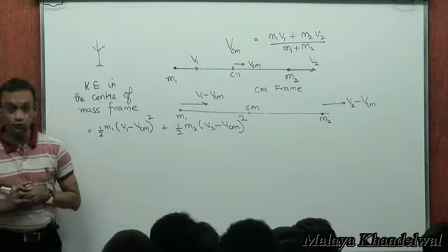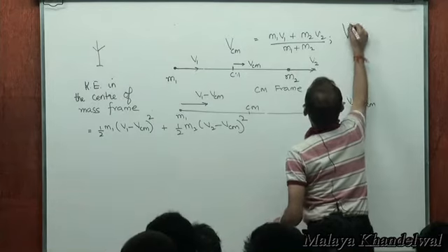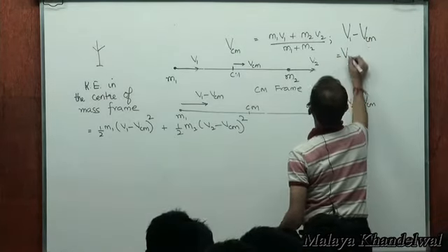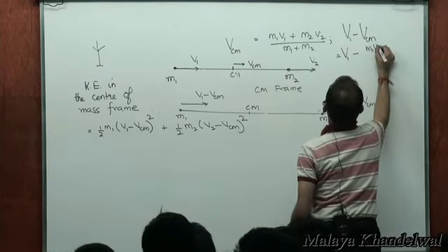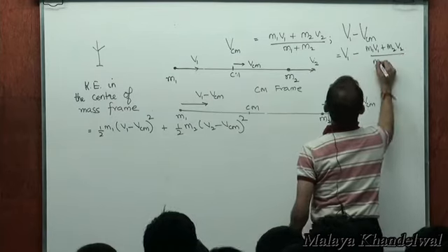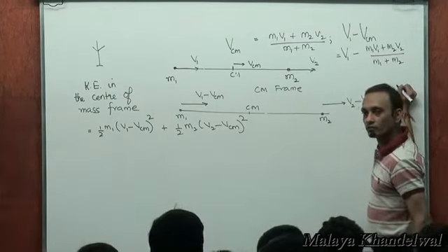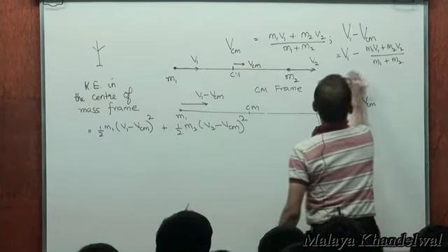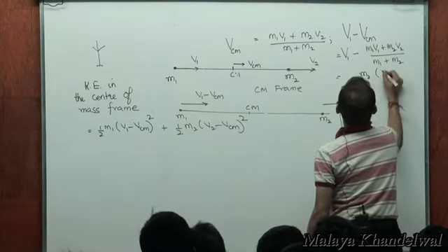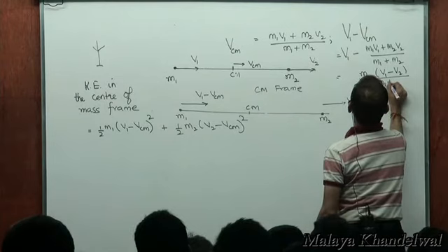Yes or no? Right? Now notice v1 minus vcm is v1 minus (m1 v1 plus m2 v2) by (m1 plus m2). Now when I add, m1 v1 will get cancelled. I have m2 into (v1 minus v2) by (m1 plus m2).